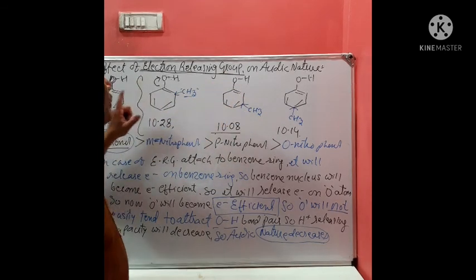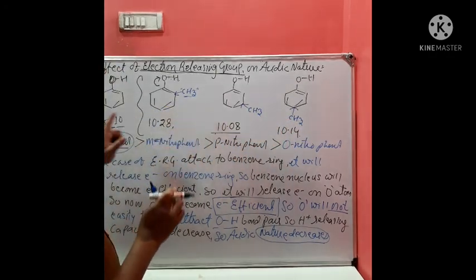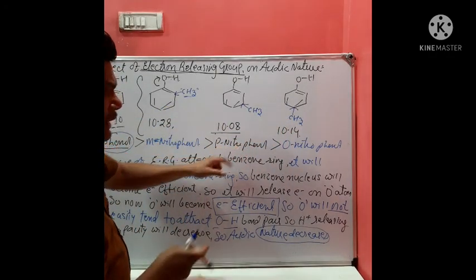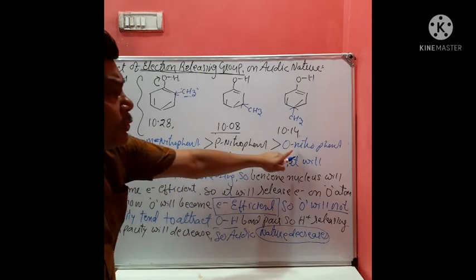And now if we compare between ortho and para, you can check here, the para compound is more acidic as compared to ortho.